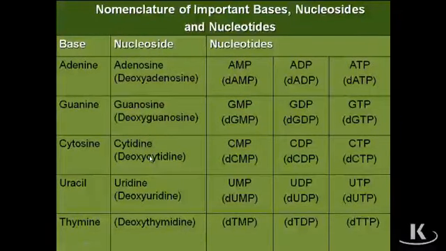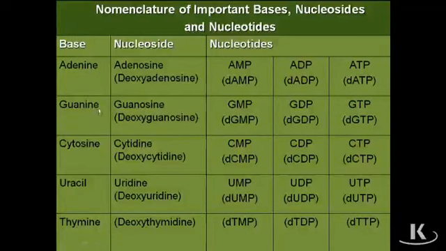Here is a nice table which compares some of the nomenclature that's used to describe some of these nucleosides and some of these nucleotides. You'll notice on the left here the different base structures: adenine and guanine, which are your purines, and then cytosine, uracil, and thymine, which are your pyrimidines. So when you start attaching a sugar to the base, adenine becomes adenosine.